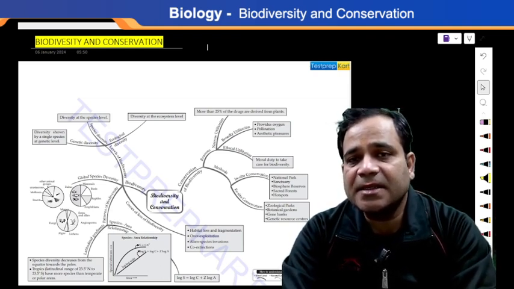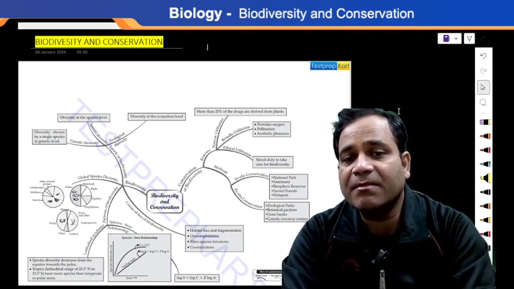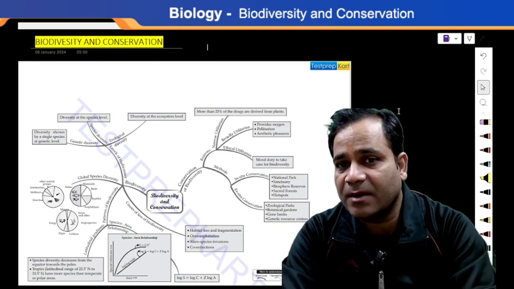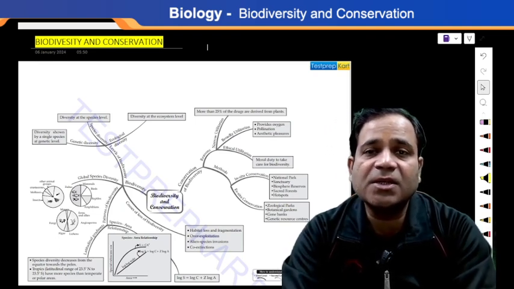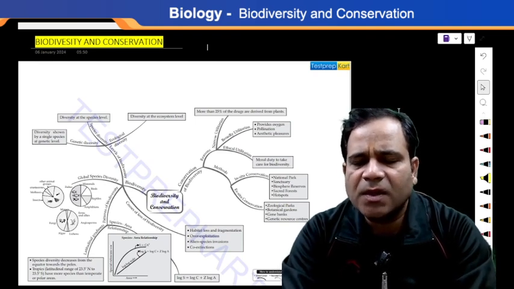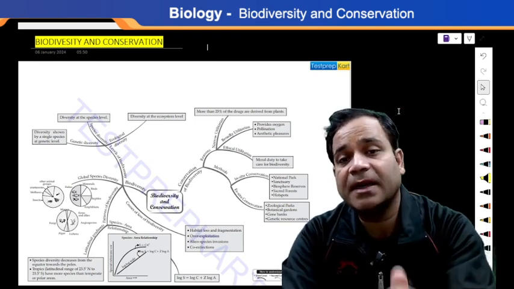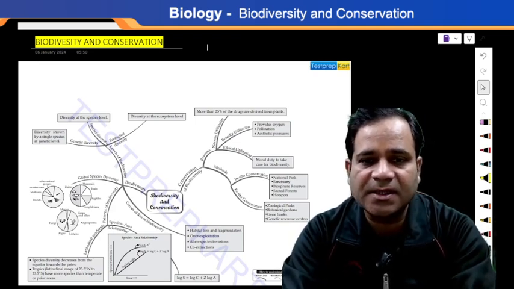Something else that is important: there are so many methods of conservation of biodiversity. There are two methods: in situ conservation and ex situ conservation.